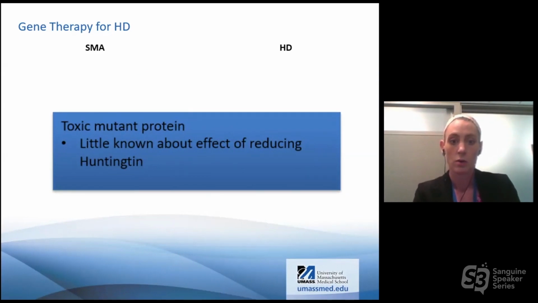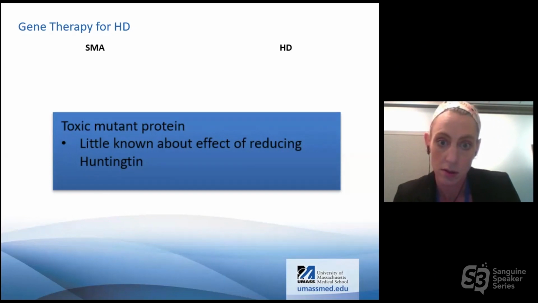We know that we can probably reduce huntingtin to about 50% because there are people who have only one copy, but we don't know what happens if you reduce huntingtin more than that. And we don't even really know how much therapeutic benefit you're going to get from reducing mutant huntingtin.